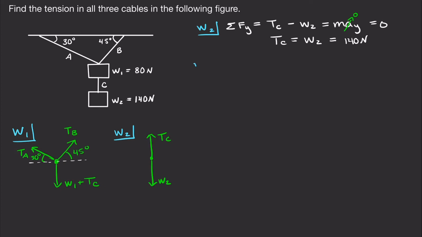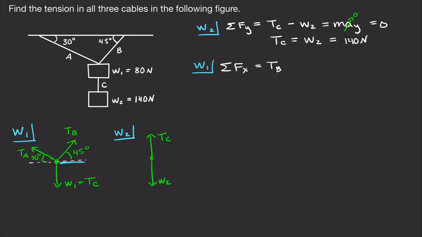Now I will move on to the top weight, weight 1, and I'm going to sum up the forces in the x direction first. I have the tension in cable B, and the x component on my free body diagram is adjacent to this angle.